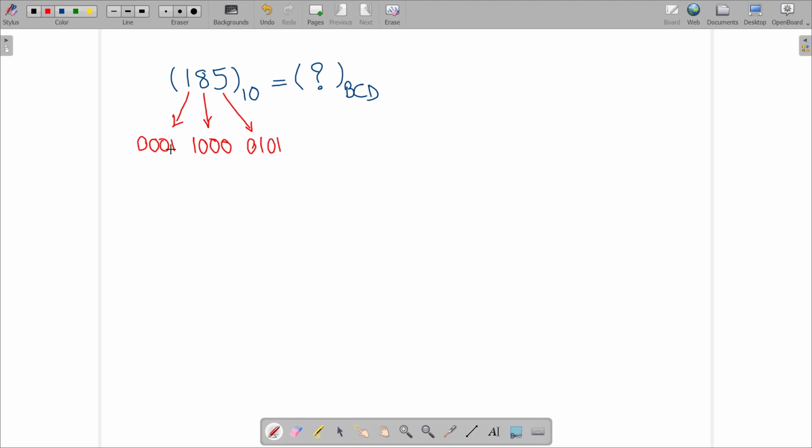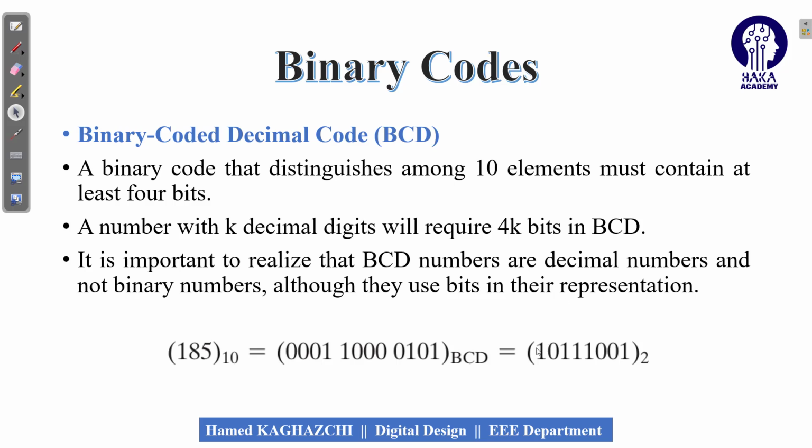Now, if I write all of them beside each other, like this one, 0001 1000 0101 in the BCD form. This binary code is the BCD of this number. So the important thing is that you have to notice this matter: this is BCD, not binary.